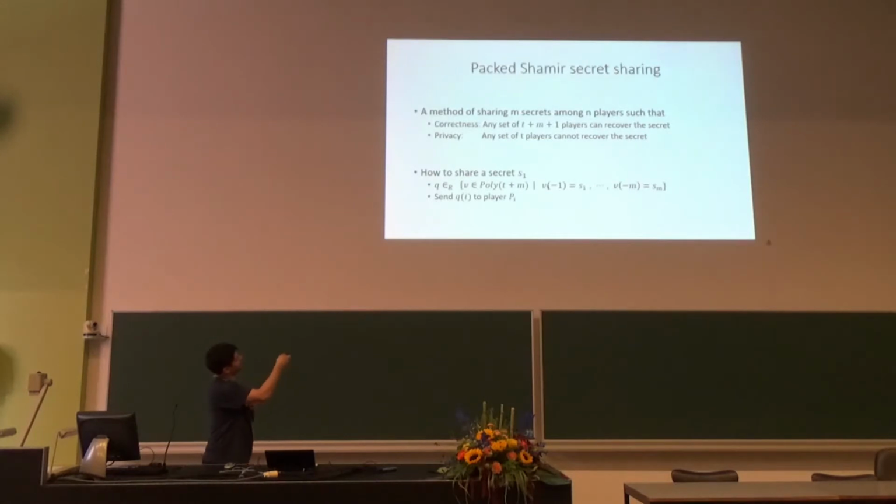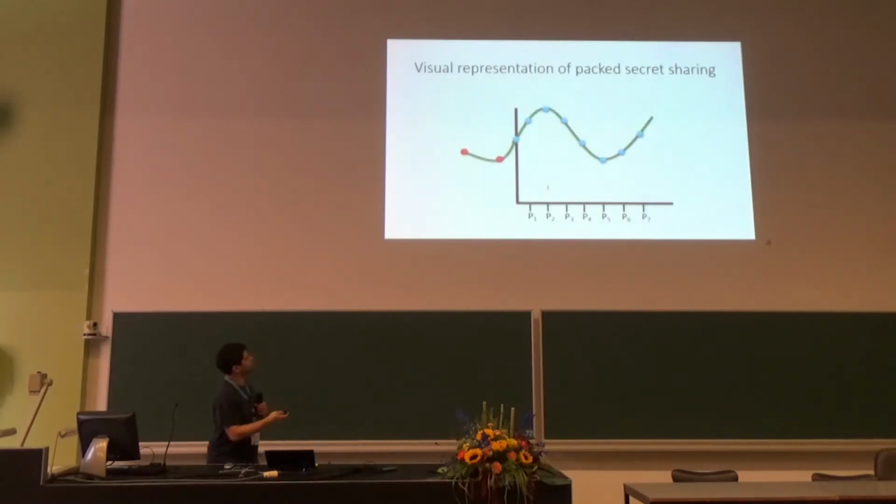So you'll have to sacrifice a little bit of privacy and reconstruction. These are the secrets, and of course you'll share points in the same way as you did before for Shamir secret sharing.